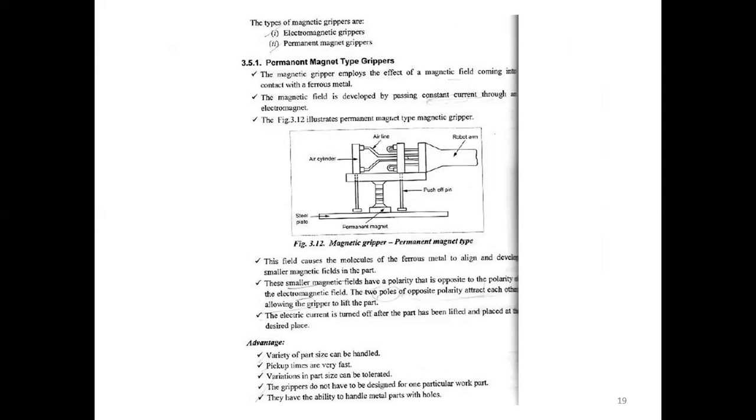It is a very useful concept for placing iron objects. So this is the main general purpose of grippers used as robot end effectors, for pick and place of objects as well as handling different objects.